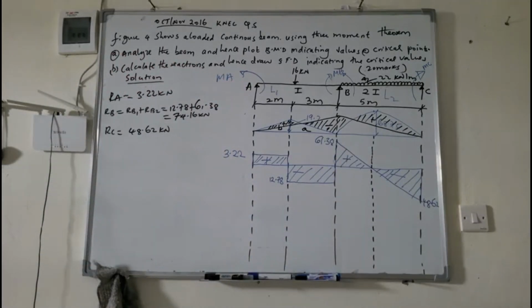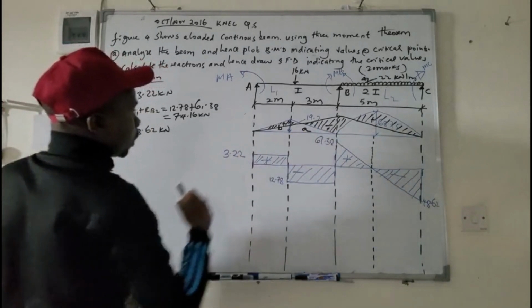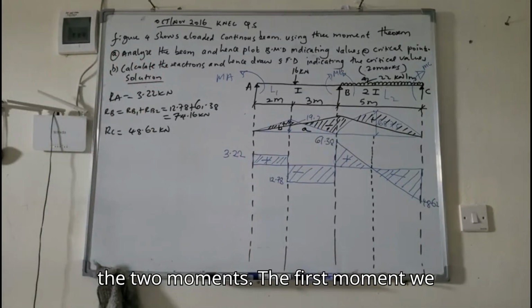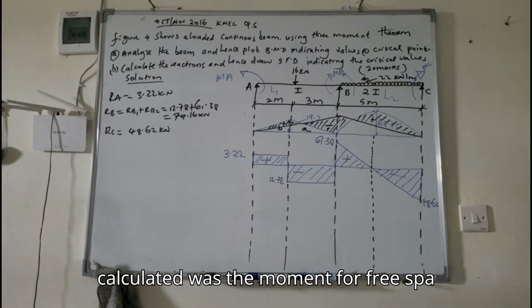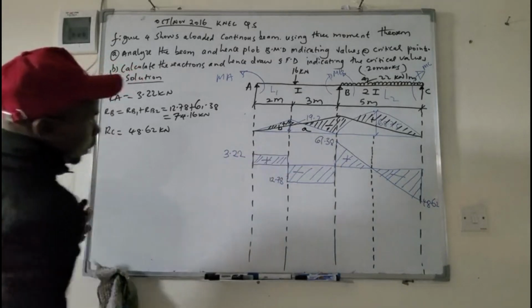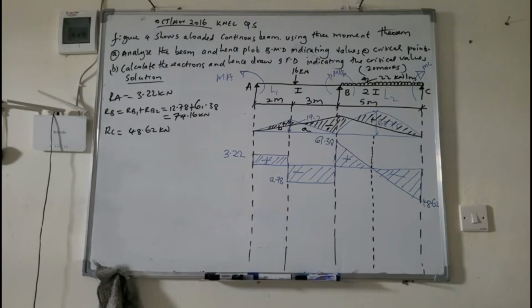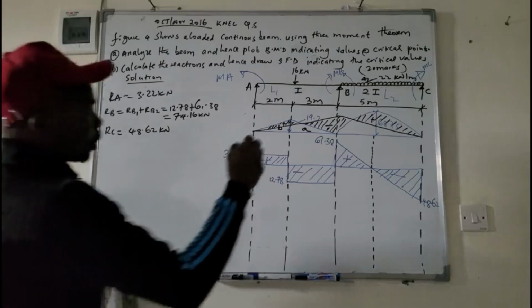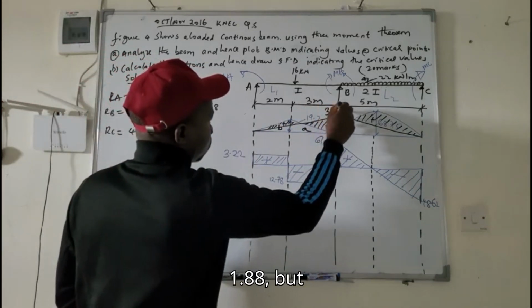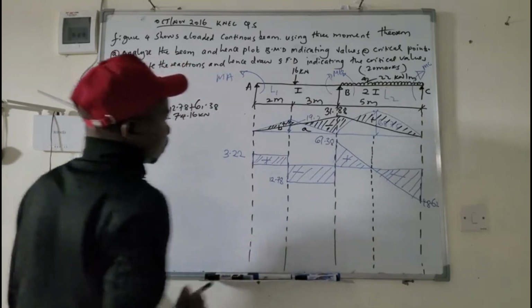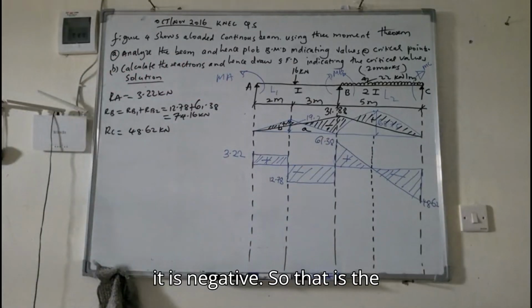Now you have combined the two moments. The first moment we calculated was the moment for the free span. And then we have calculated another moment, which is 31.88, but it is negative.